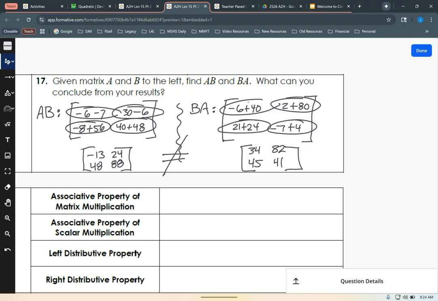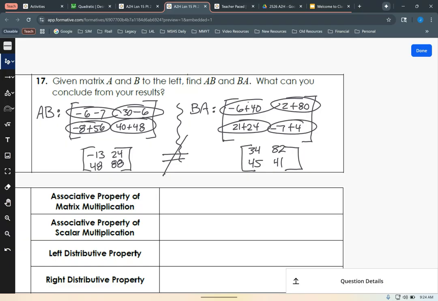Now, what's special about the multiplication problems that we just did? What did we do with the matrices? First it was A times B, and then it was what?